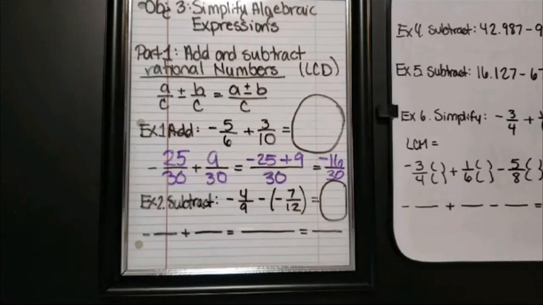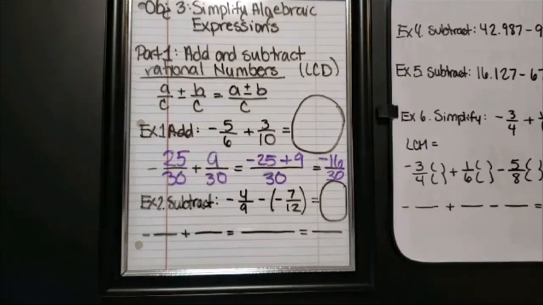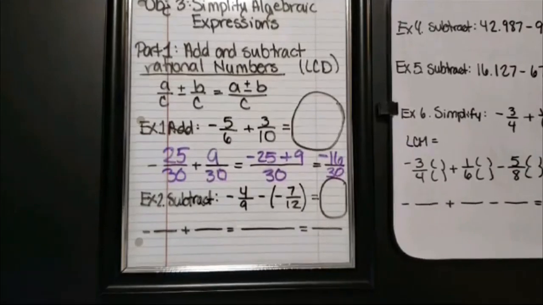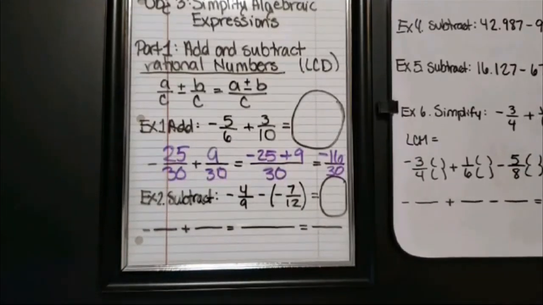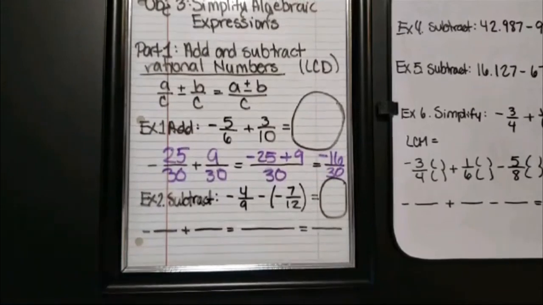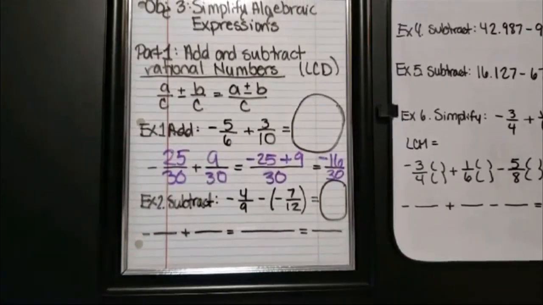With the decimals, you may be asked to round to a certain decimal place. So if those are things that you need refreshing on, once again, make a note of that. And those are some things that we can talk about.